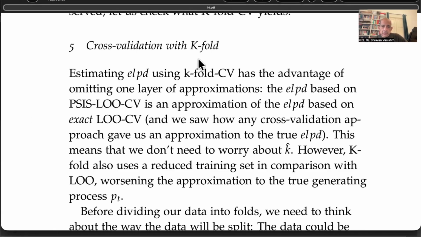One advantage of k-fold cross-validation is that it removes one layer of approximation that happens in the PSIS-LOO CV, because the PSIS-LOO method is approximating leave one out cross-validation. And so there's no concept of a Pareto K value that you have to worry about like in the PSIS-LOO case, right?